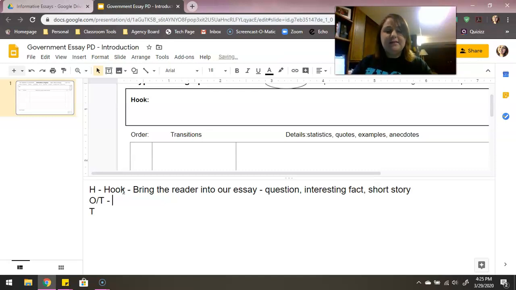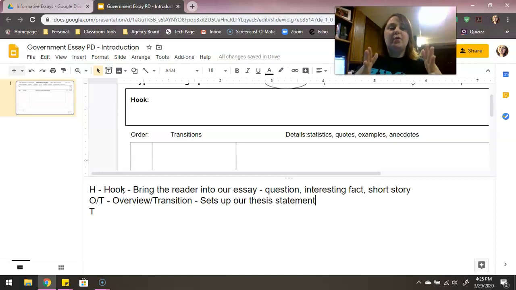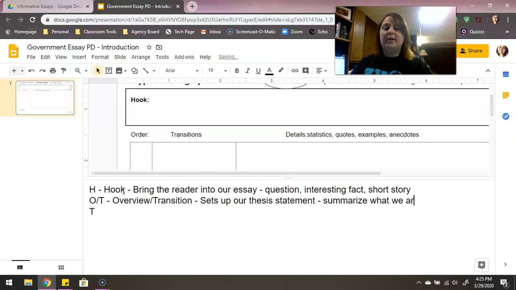The OT stands for overview / transition. And this is what sets up our thesis statement, which is what we're going to talk about next. It's kind of that overview, it's going to summarize what we are going to talk about. That's what our OT is.